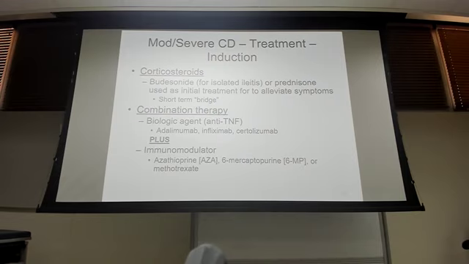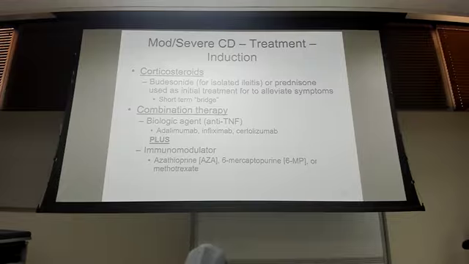And then we move into a new class for moderate to severe. Now we look at biologic anti-TNF medications, which you should be vaguely familiar with from last semester, plus an immunomodulator.